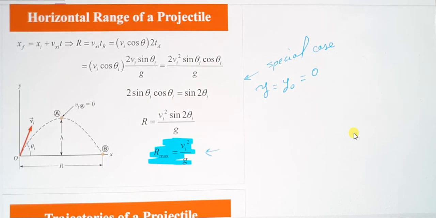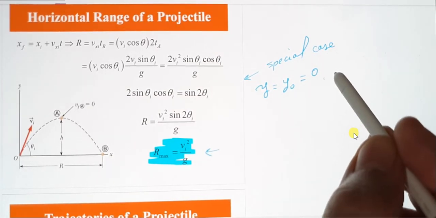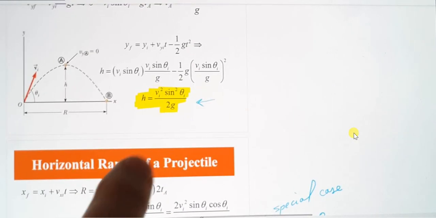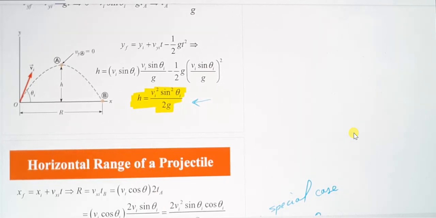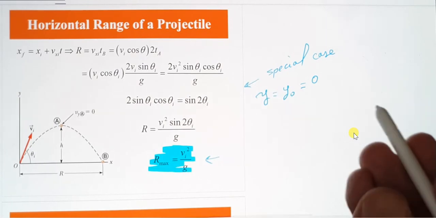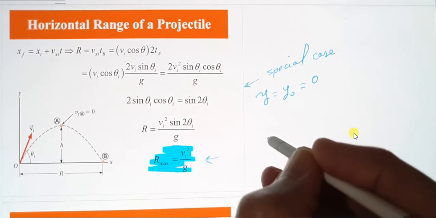And if you use these equations in a problem where y does not equal y naught does not equal 0, your answer will be wrong. So be careful. These two equations are a special case if y equals y naught equals 0.